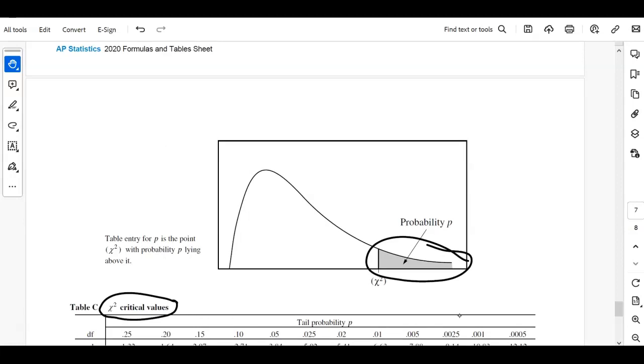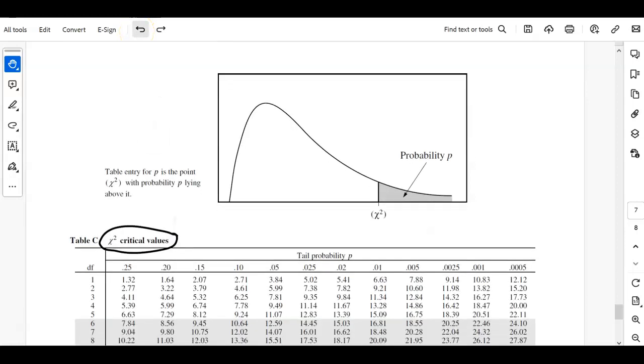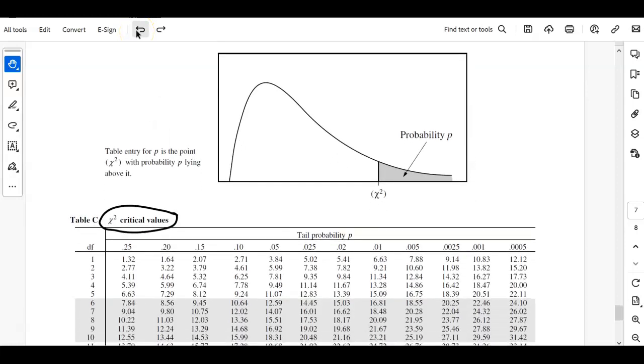In other words, if our true distribution fits the claim, we would expect the differences to be relatively small. We would expect the chi-squared to be relatively small, and therefore we would fail to reject the H sub naught. We would say, okay, it seems to fit. But if we're getting a very large chi-squared value, that seems to be some evidence that our claim is not true.